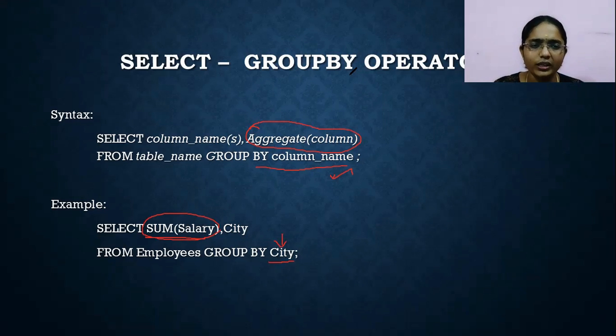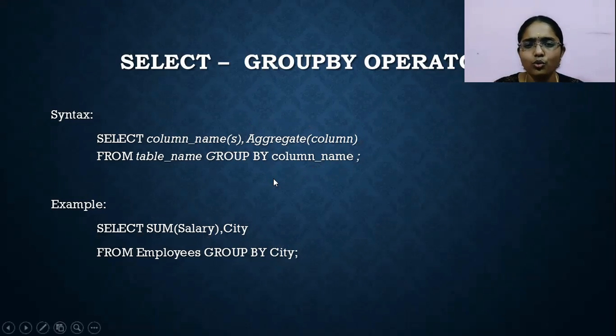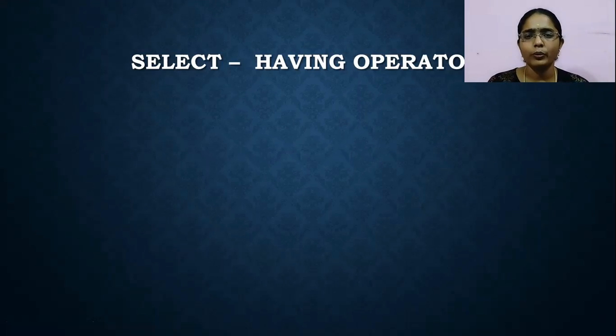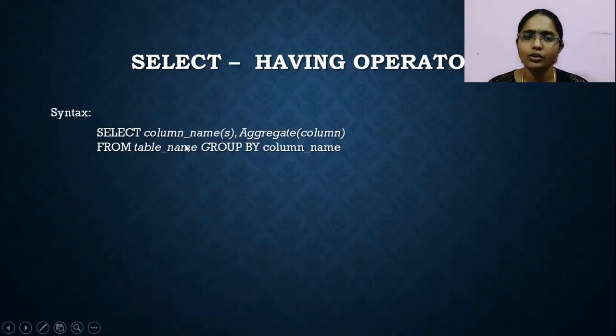This group by can be applied based on certain conditions. As we see, in case of select, if you want to apply some condition, we use the where clause. Select star from employee where city equals Chennai, we are saying. Instead of the where clause, in case of group by, we are going to use one more clause, that is having. The where clause cannot be applied in case of the group by operation.